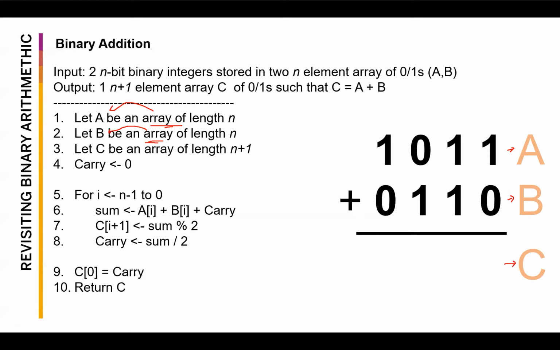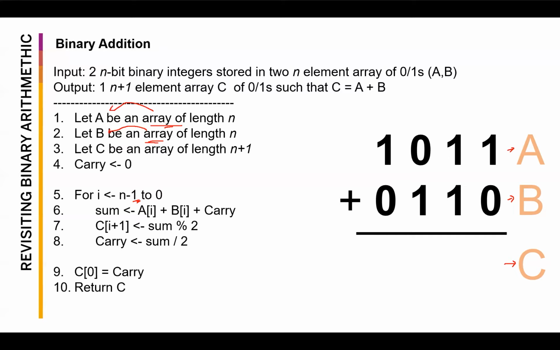Now, for the carryover bit, we assign a variable which is initialized at 0. So our first value for the carryover bit is 0. Now, for our loop, I'm pretty sure you're familiar with loops. Here we start at n minus 1 down to 0, so we start from the rightmost bit going to the left.